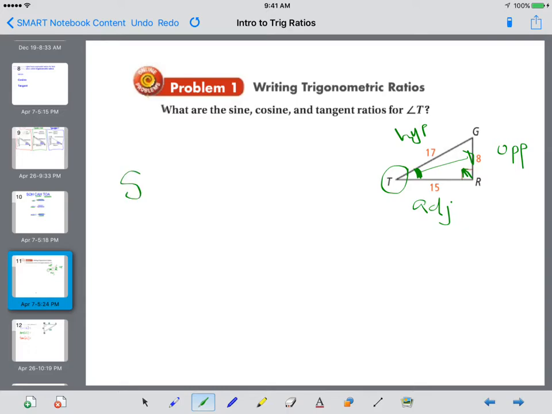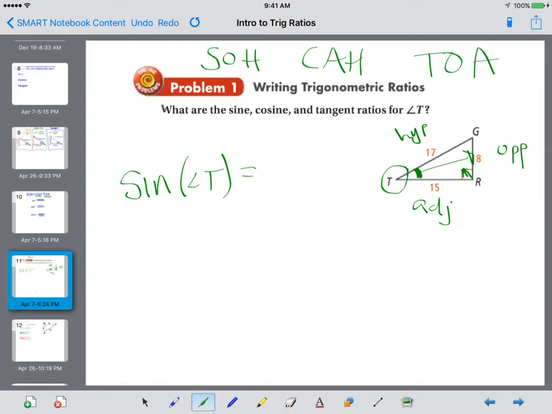So to find the sine of angle T, here's how we usually write it. We have our SOH CAH TOA, our sine, and you have your notes right in front of you. We need a ratio. So this is my fraction symbol. The opposite goes on top. The hypotenuse goes on the bottom.